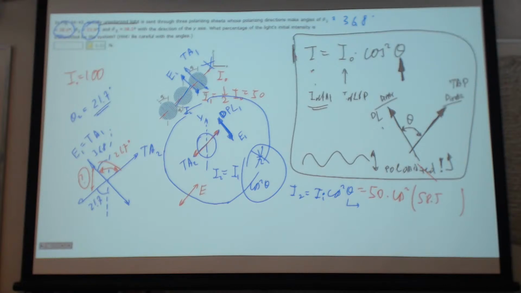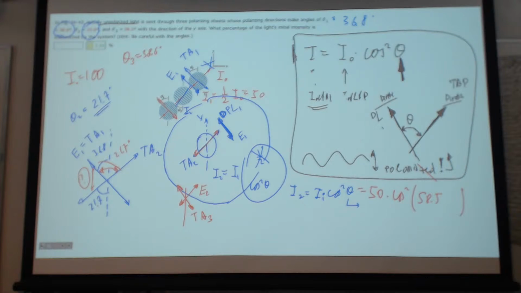Now this is direction of polarization of light number 2. And it is approaching the third polarizer. My third angle is 38.6. 38.6 degrees. And now this is your picture with your new situation. This is transmission axis number 3.